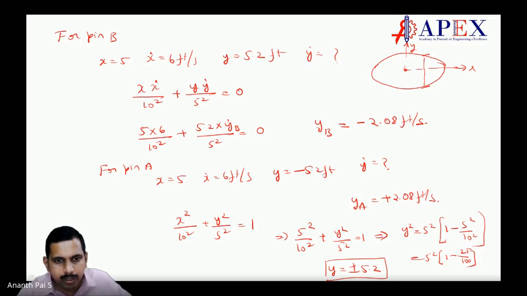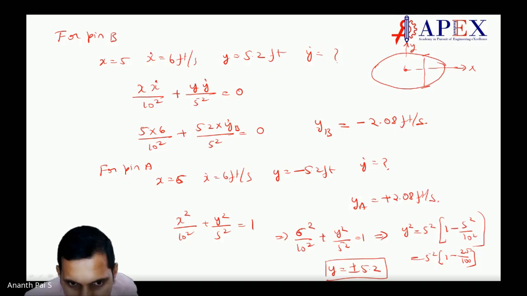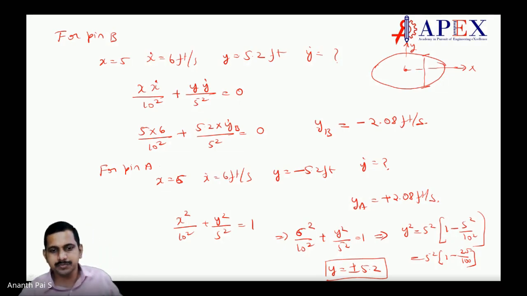So here you have written 5 square, it is 6 square, right? 5.2 into y dot B. That is a mistake, it's 6 square, because 6 feet is given, is it not?